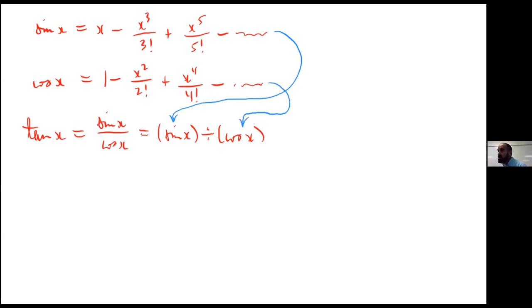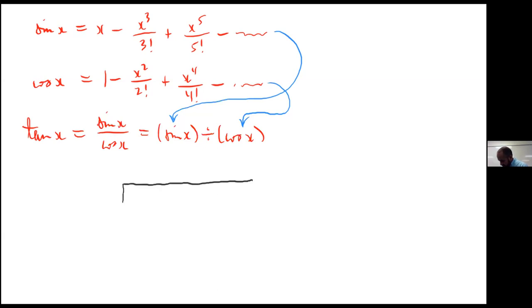And the result of doing that division should give me a power series for tangent, yeah? Okay, so let's think about that for a minute. I'm going to take the cosine thing and divide it into the sine thing, yes? So let's think that through for a minute. Let that cook our noodle for a second here.